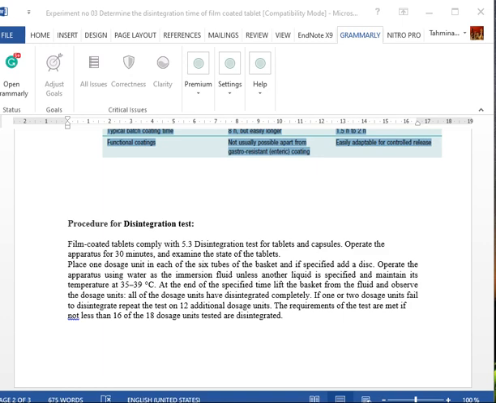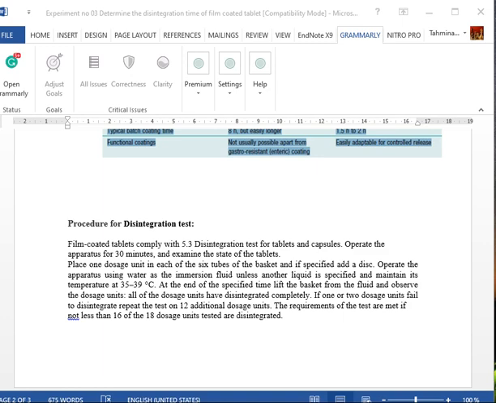At the end of the specified time, lift the basket from the fluid and observe the dosage units. All the dosage units should have disintegrated completely. If one or two dosage units fail to disintegrate, repeat the test on 12 additional dosage units.